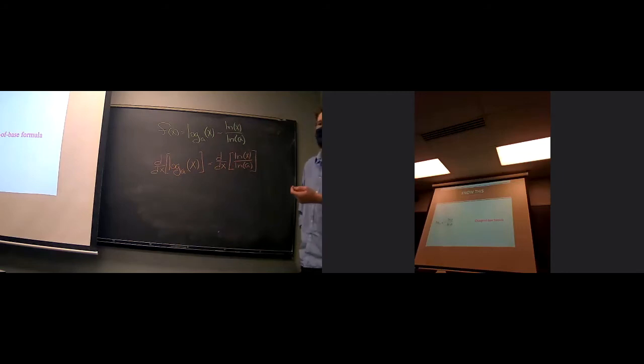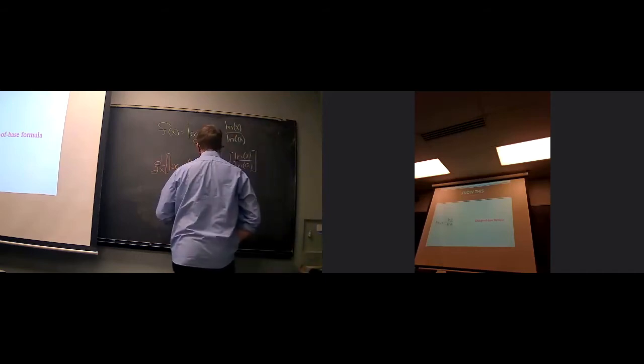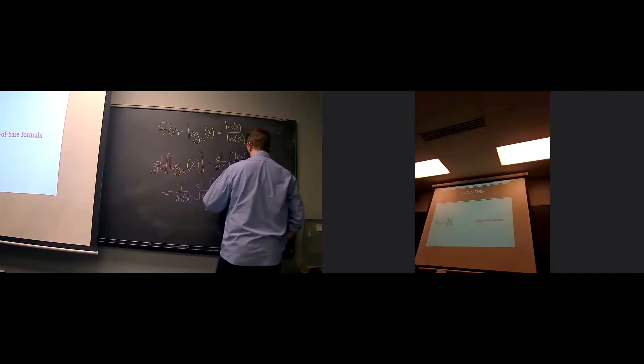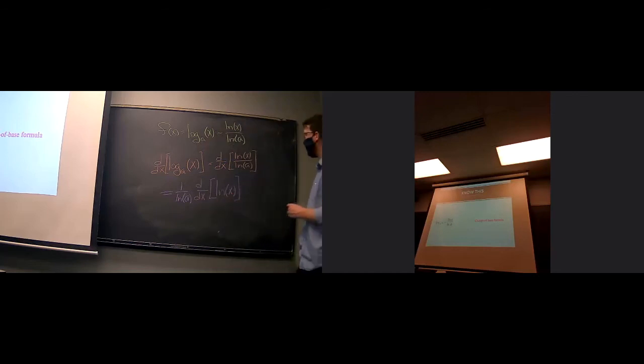Well, the ln of a, that's just a constant, so let's pull it out. What we're going to be left with now, after we evaluate this expression, is 1 over the ln of a times 1 over x.